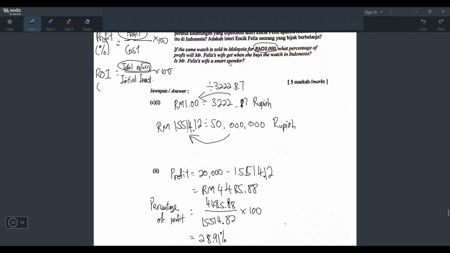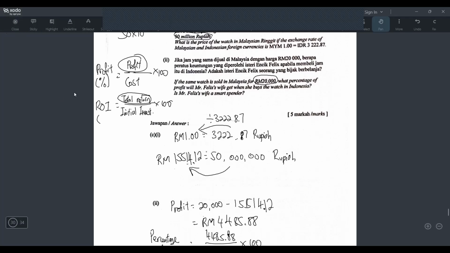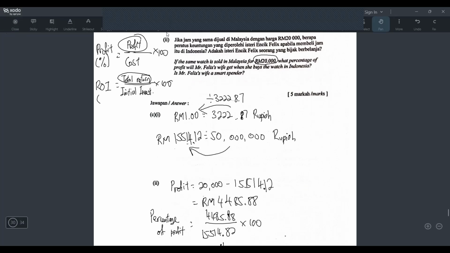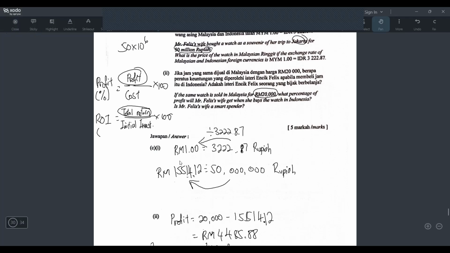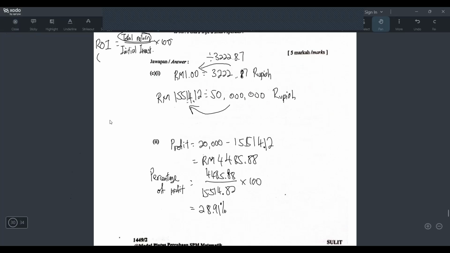But the question still asks something else. They ask, is Mr. Felix's wife a smart spender? Well, for this case, I would say yes, because even though you might think she's very crazy because she's spending this much for a watch, if you read the whole story, she bought the watch for this amount, 15514.12, but the actual price in Malaysia is 20K.